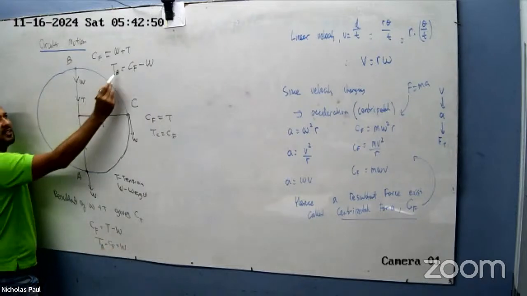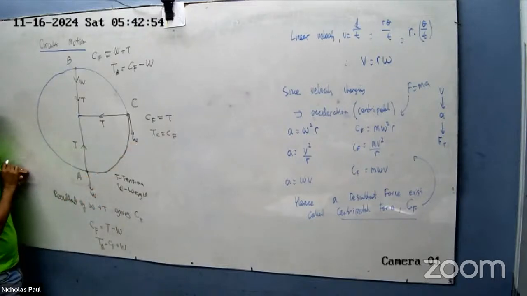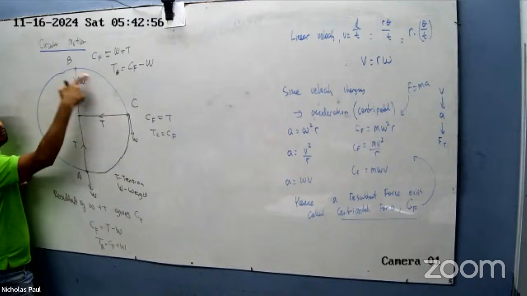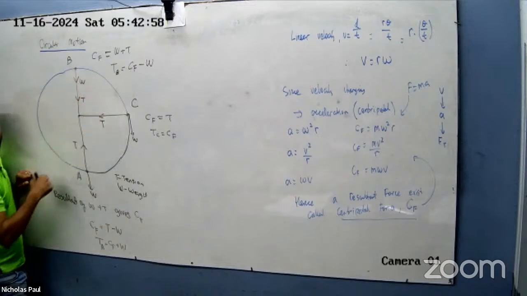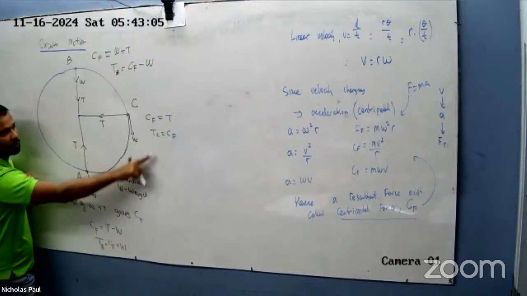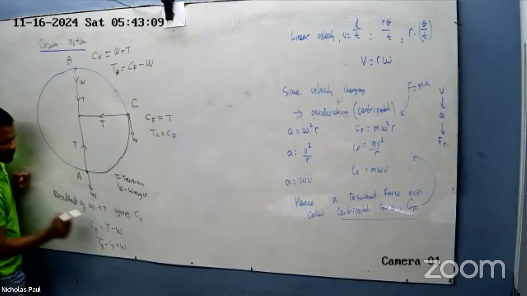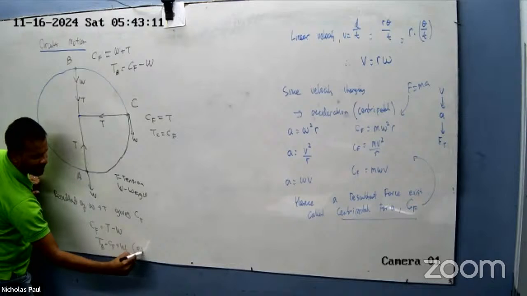So by looking at these formulas, where is tension maximum? At A, B, or C? What's your formula? A, right? So tension is maximum here.